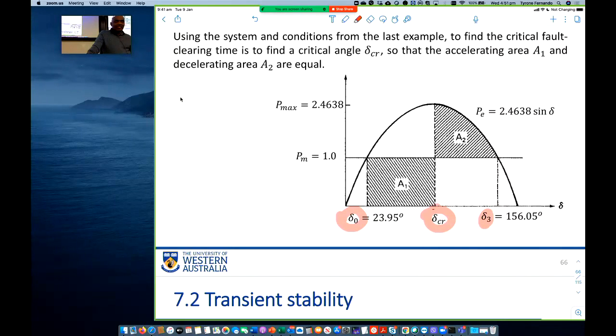Because if you wait any further, the angle delta 2 will move past delta 3, so that delta will never return to its original value. In the case that we are looking at here, delta 3 coincides with delta 2.